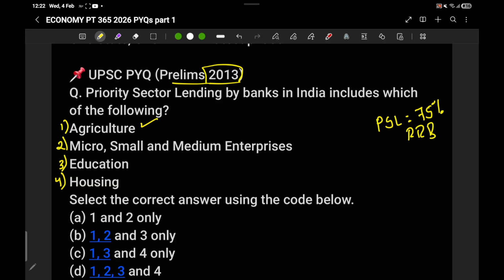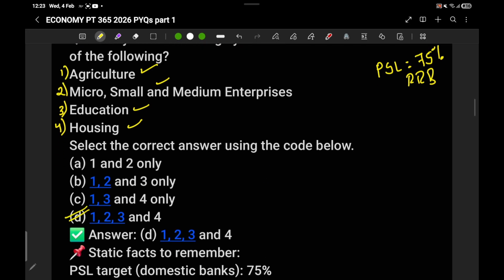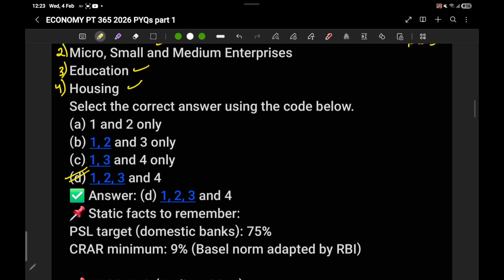Agriculture, yes, it is included. MSMEs are also included. Education, housing finance, yes. So option D, all are included in priority sector lending. Okay, for domestic banks it's 75% and CRAR is 9% based on the norm applied by RBI. Let's go to the next question.